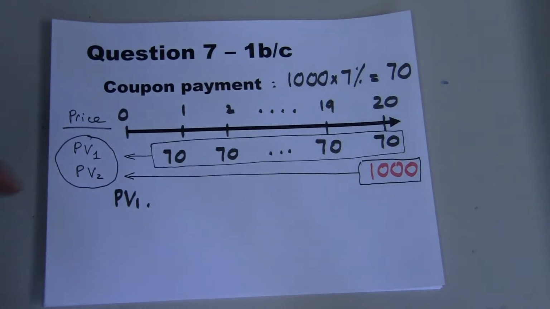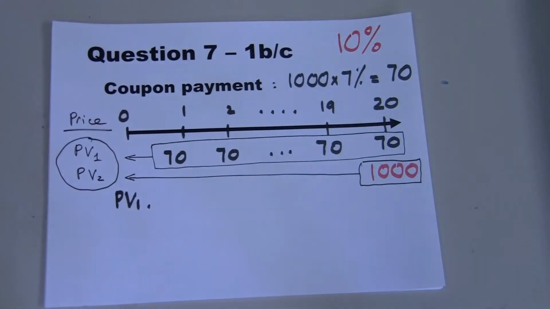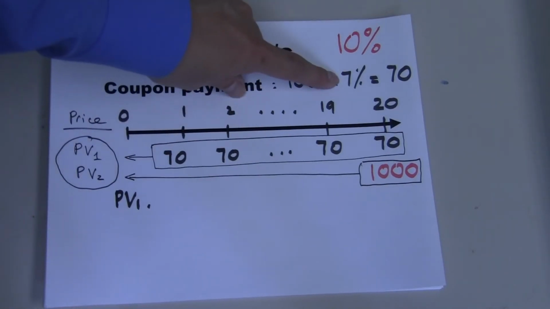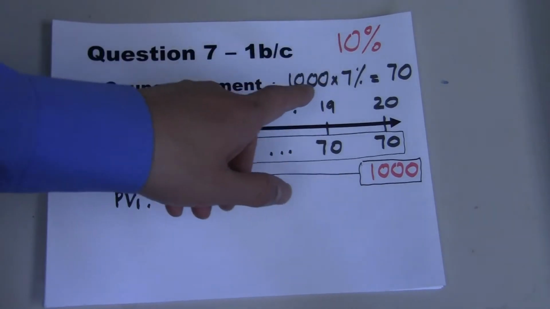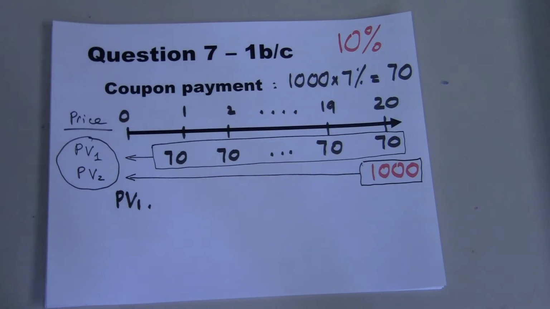So it is very, very important. It's 10% required rate of return. Please be clear that there are two kinds of percent number. One is the coupon rate, which is used to calculate the coupon payment, and the second one is your required rate of return, which is used to calculate the value of the bond.